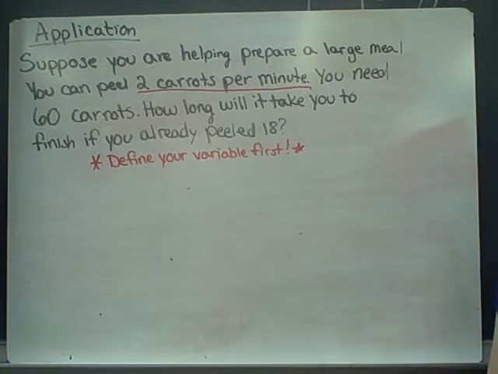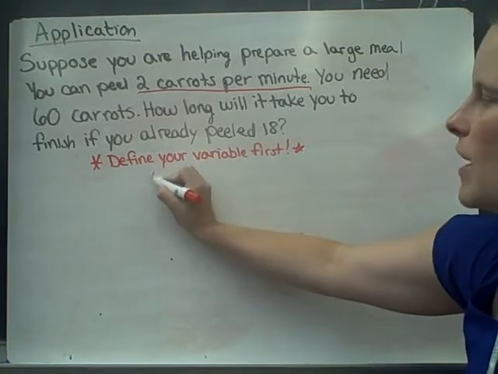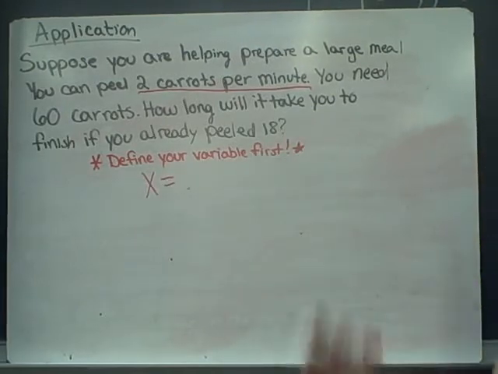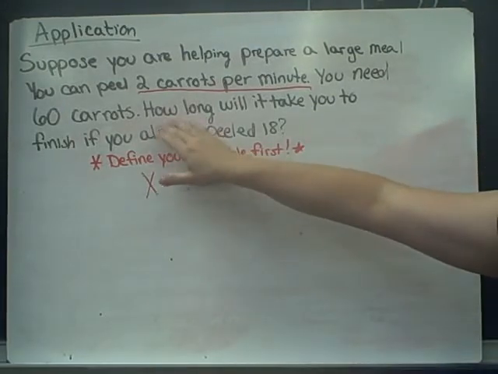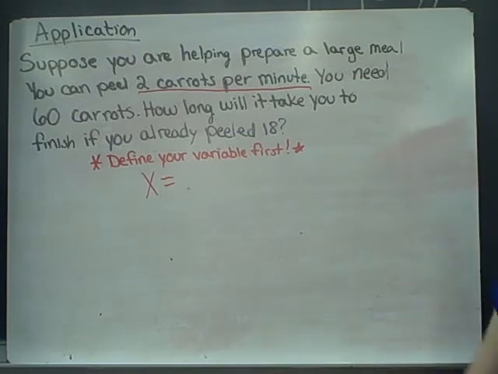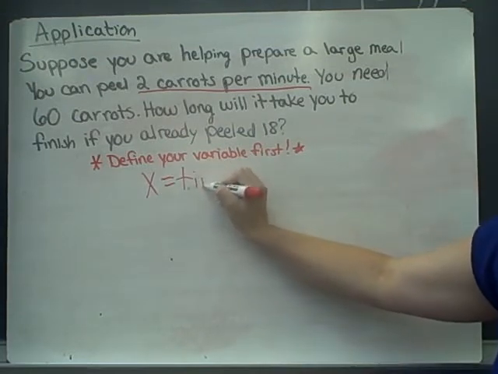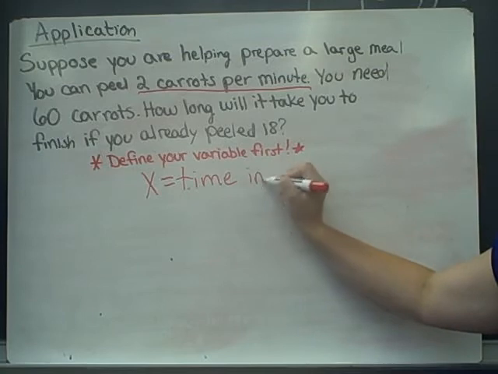So basically the first thing we need to do is define our variable. So x is going to equal what? Well, in this case, I'm looking for how long will it take. So x is going to be time in minutes.